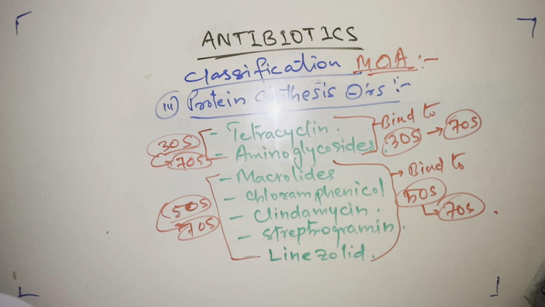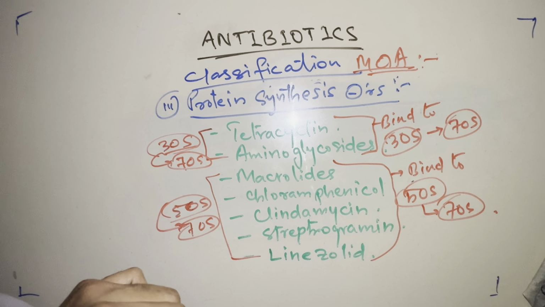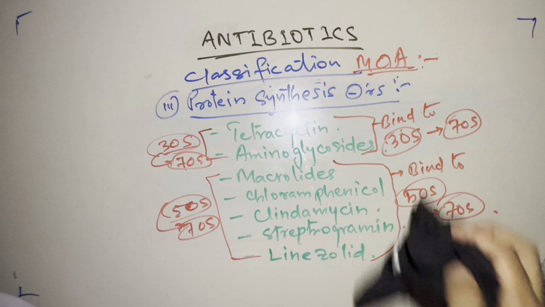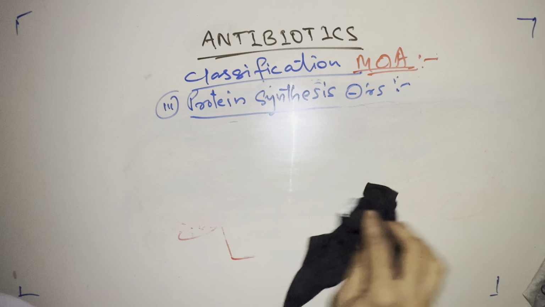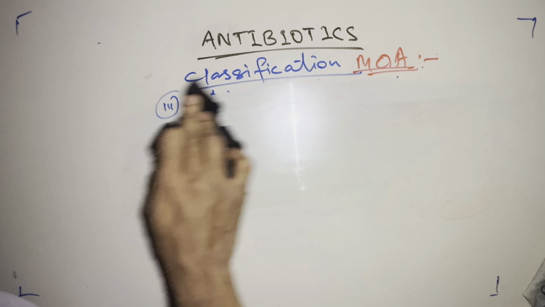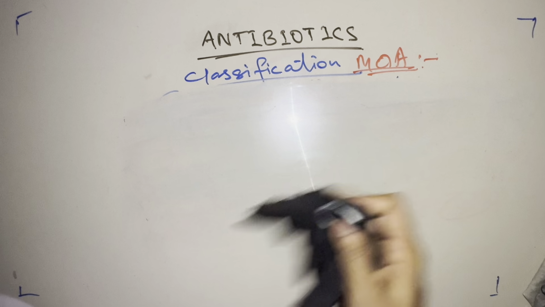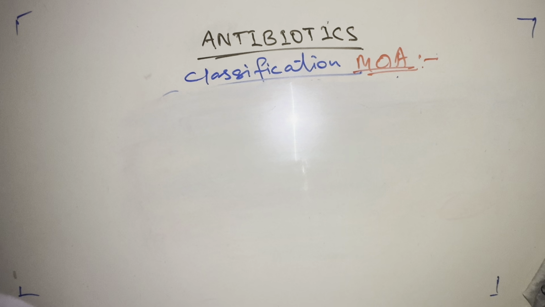Okay. Next we will see number 4, that is nucleic acid synthesis inhibitors. Nucleic acid synthesis can be inhibited in different ways, by using different antibiotics or different agents. We can inhibit the synthesis of nucleic acid.